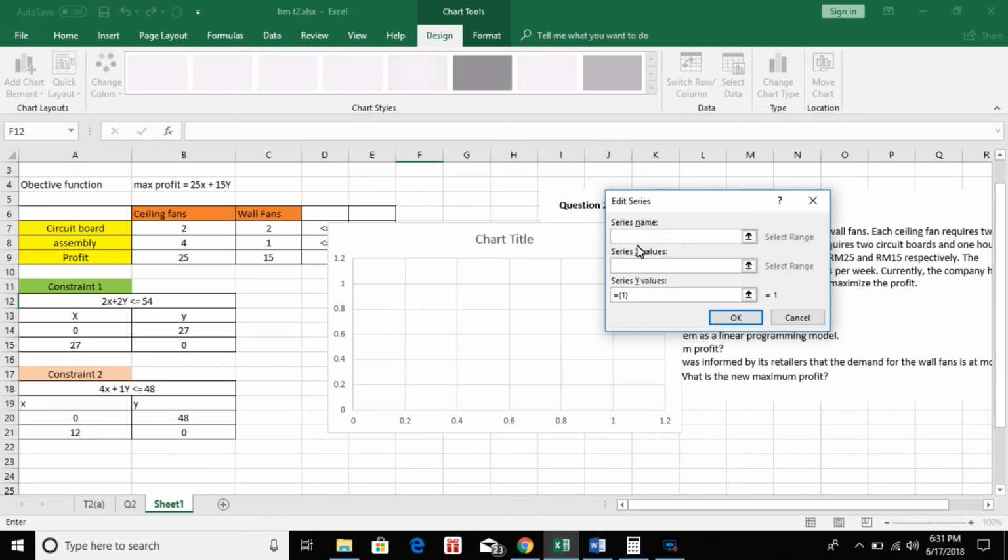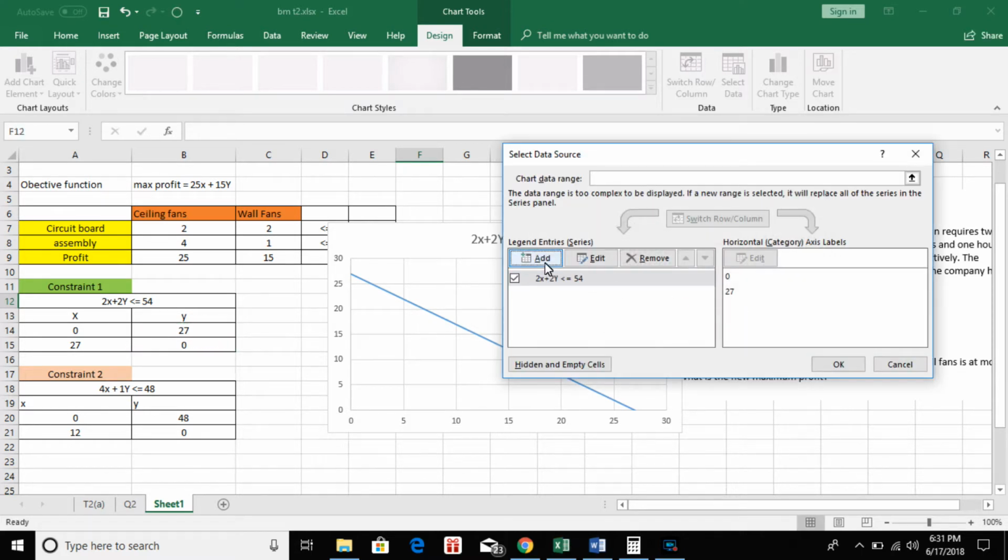add constraint. So in series name you have to click on constraint 1, and in series x value we have to put the x value, and in y value we have to put the value of y. After that click OK, and from here add the second constraint.